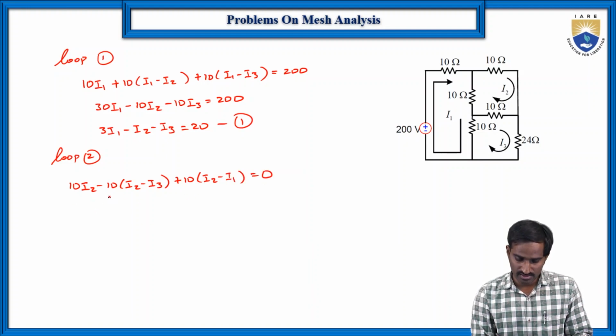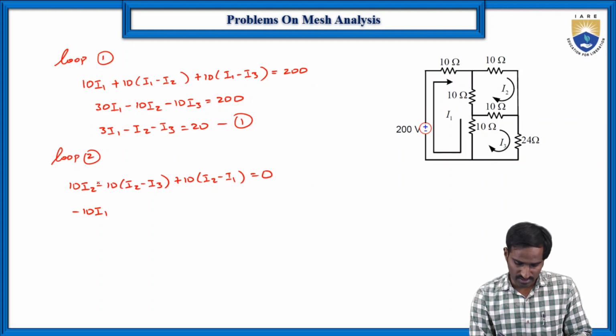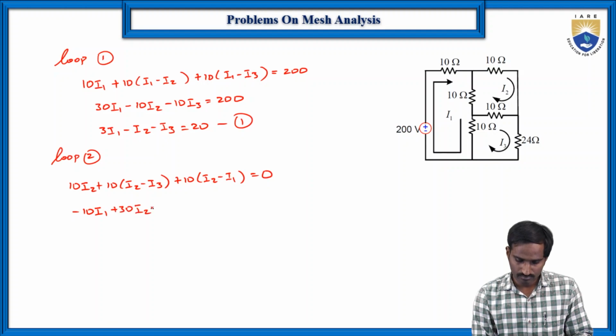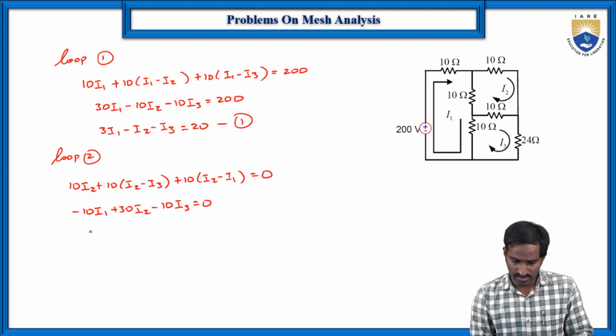If you simplify this, you will get minus 10 I1 plus 30 I2 minus 10 I3, which is equal to 0. Then if you simplify, you will get I1 minus 3 I2 plus I3, which is equal to 0. Let us consider this as equation number 2.